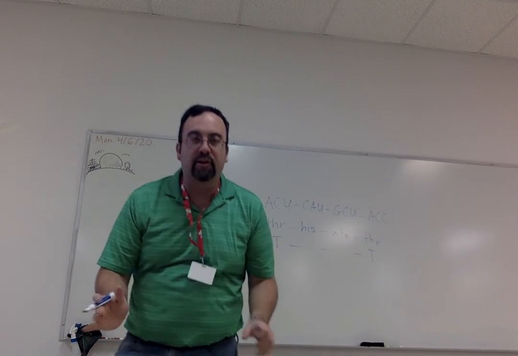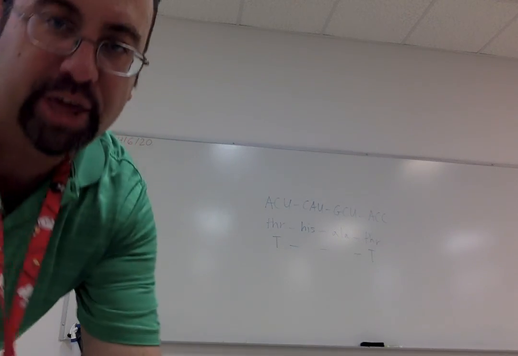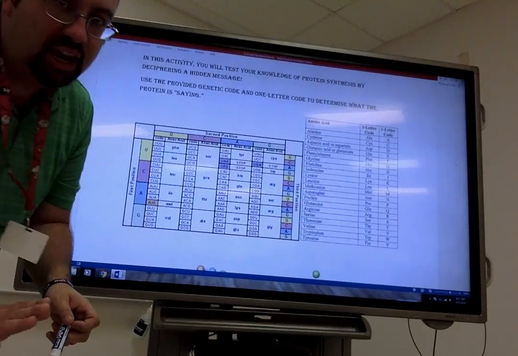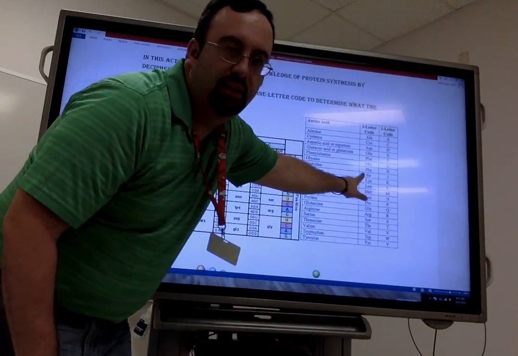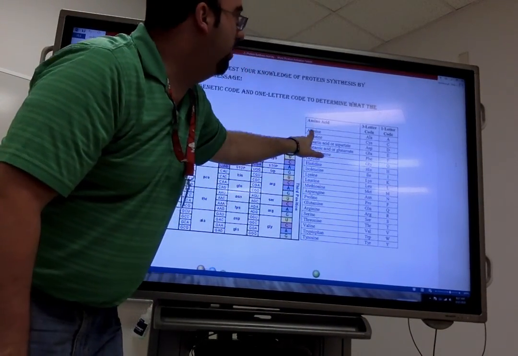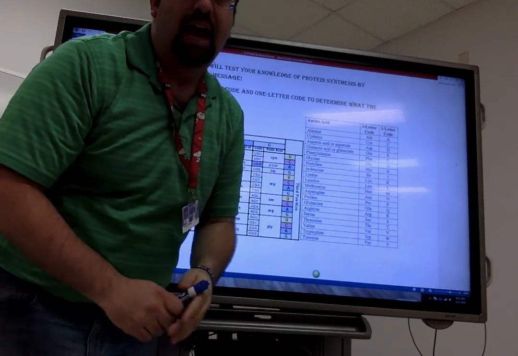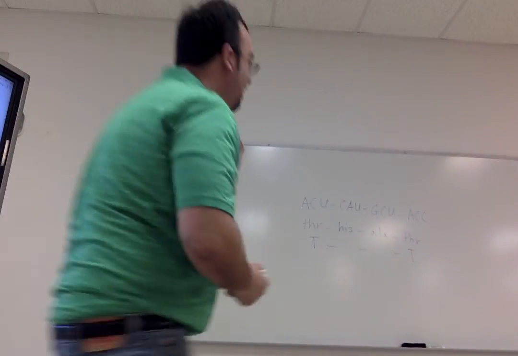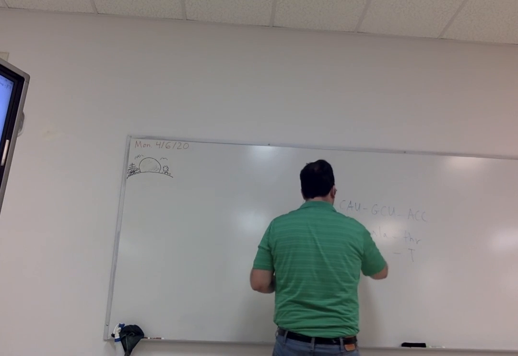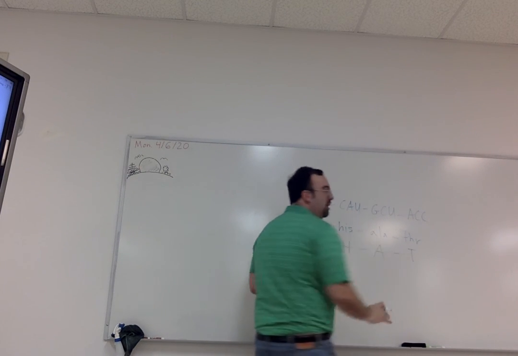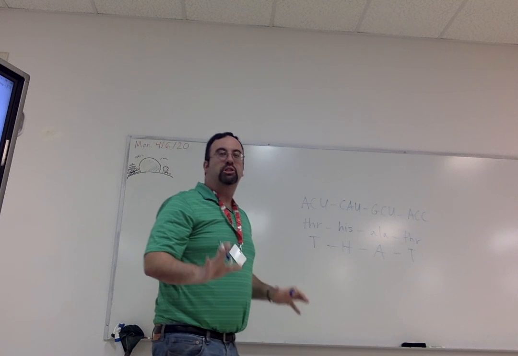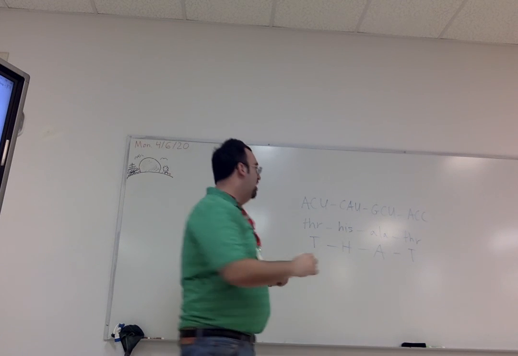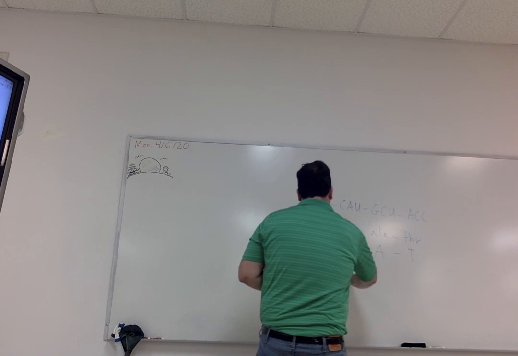Now we need to figure out what the letters are for both histidine and alanine. Histidine is going to be the letter H, and alanine is going to be the letter A. If we fill that in, we have H and A. And so now we know that the first word in the secret message is "that."